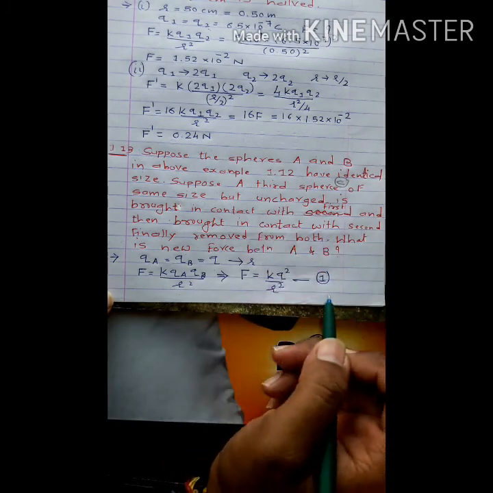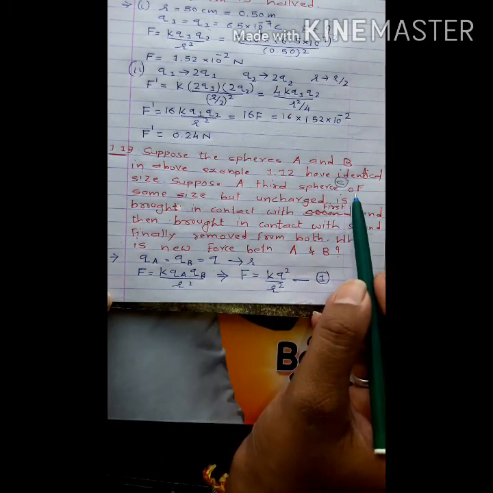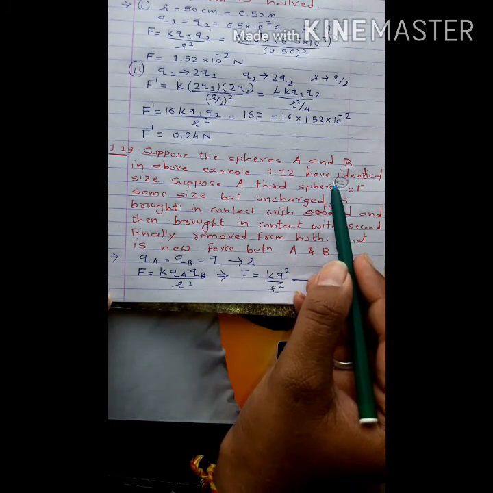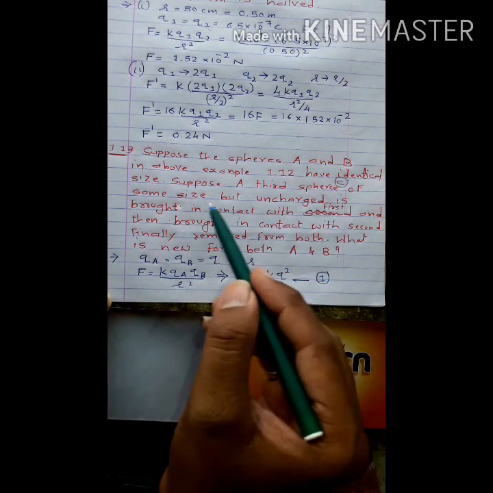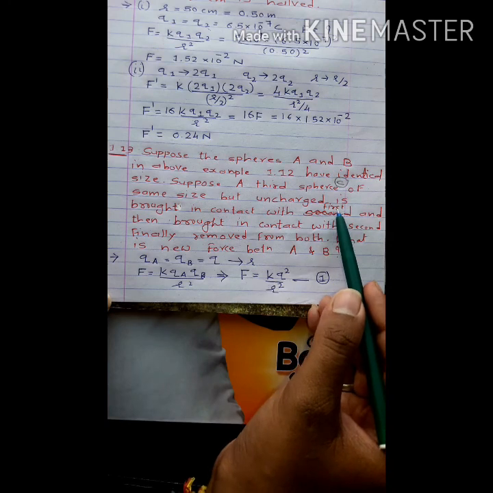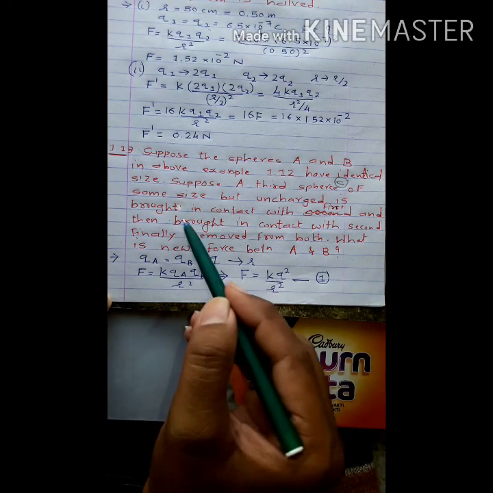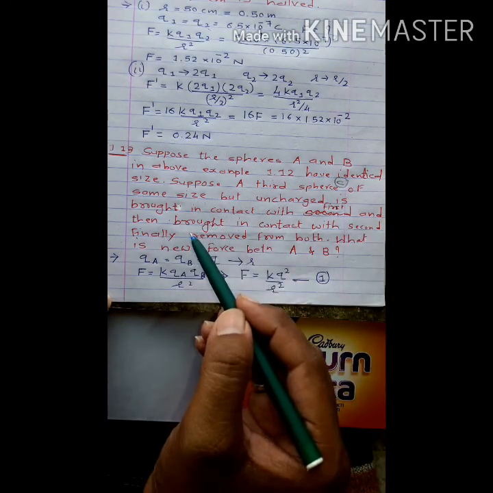Okay, now try to understand the question very carefully. A third uncharged sphere C is brought in contact with the first sphere and then brought in contact with the second sphere.